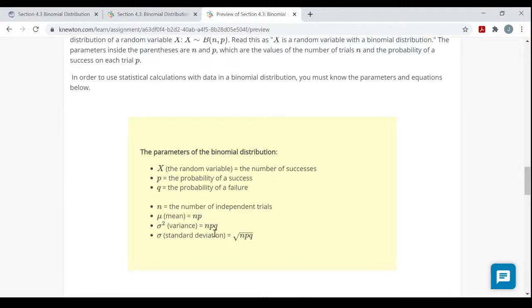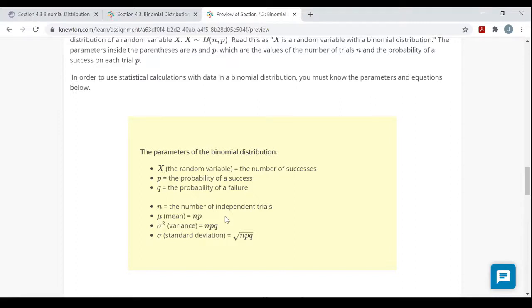All right. Now, if you recall from section 4.2, remember there were these really crazy formulas for the mean and the standard deviation of a discrete random variable. Remember, for the mean, mu, the mean value, the expected value, you took every single possible outcome and multiplied by the corresponding probabilities and then added those products up.